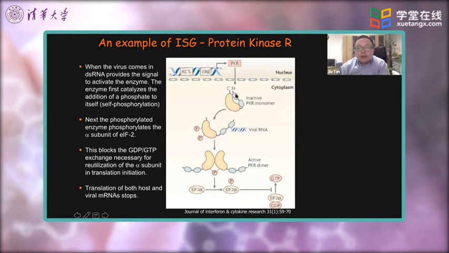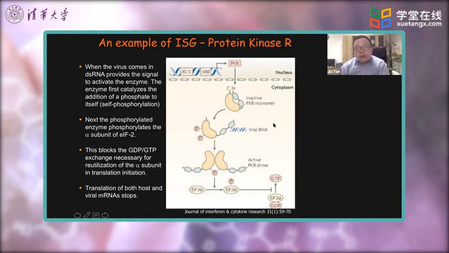Basically, it is self-inactivated. However, when this protein senses double-stranded RNA, and in our cells most normal RNA is single-stranded, but when the viral RNA replicates itself, it often contains a double-stranded stage in the replication cycle, this double-stranded RNA really becomes a signature of viral infection.